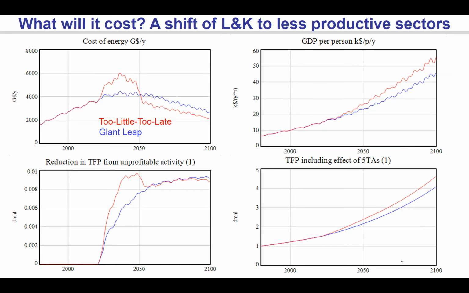The time profile here is, of course, politically incredibly important, because it makes it very unlikely that we will do this, because the benefit from the increased cost comes 30 years in the future.